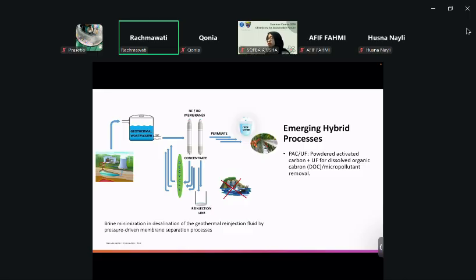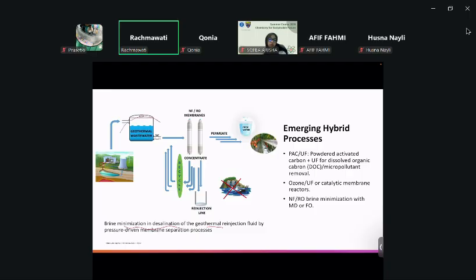Powder activated carbon is used for dissolved organic carbon or micropollutant removal, and sometimes they also combine ozone and ultrafiltration, or catalytic membrane reactors, or even nanofiltration or reverse osmosis brine minimization using membrane distillation or forward osmosis. For example, here we have a schematic picture of brine minimization and desalination of the geothermal reinjection fluid by the pressure driven membrane.